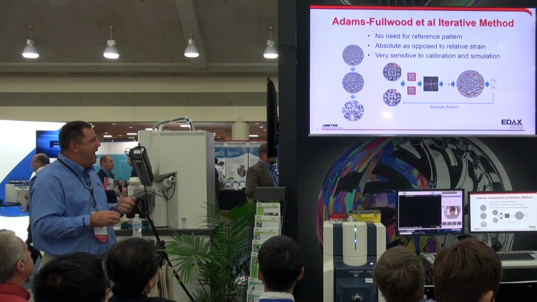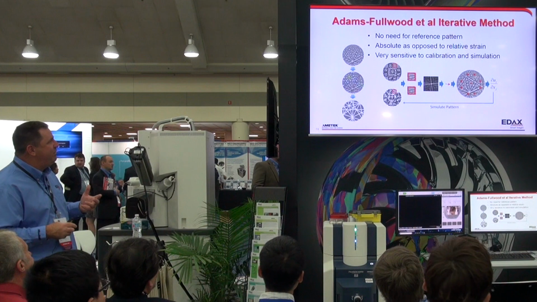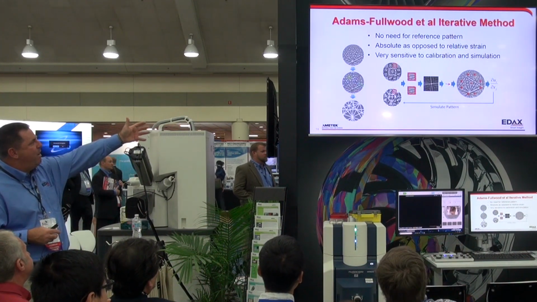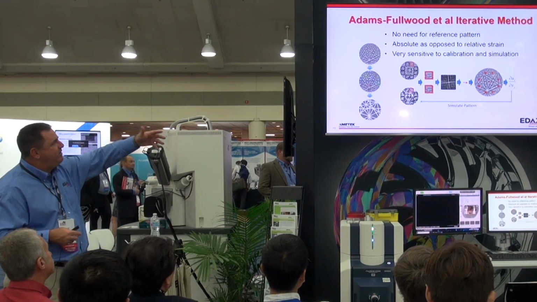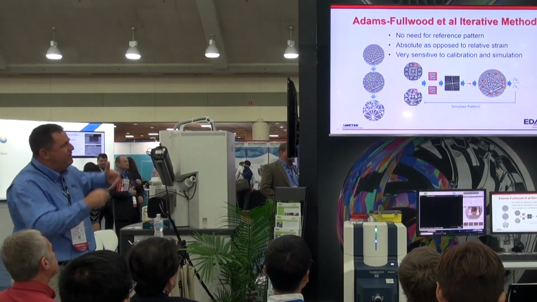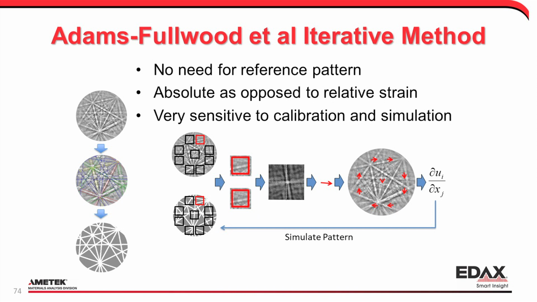Taking this a little bit further, there's a couple of different ideas. Rather than comparing one pattern to the next, can you compare one pattern to a simulated pattern and then iterate to find the best fit? When we simulate the pattern, to get the best fit with an optics-based system, you really should be simulating the lens and the phosphor.